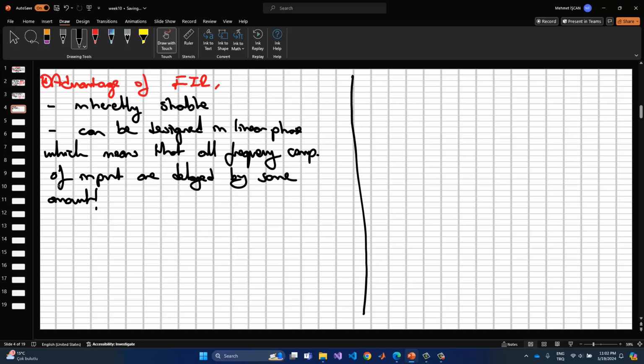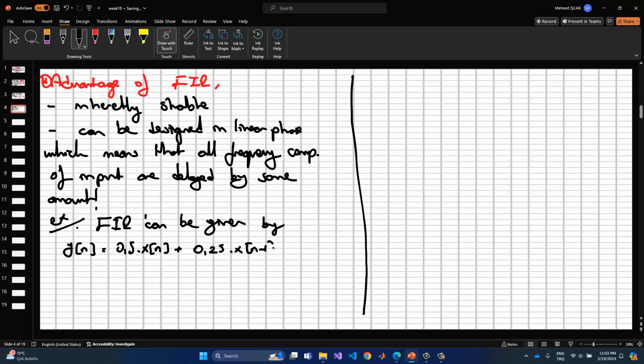For example, we can write an FIR filter given by y[n] = 0.5 x[n] + 0.25 x[n-1] + 0.25 x[n-2].